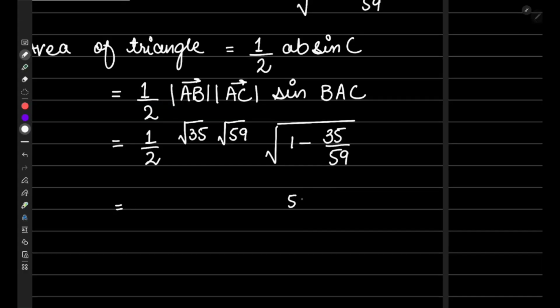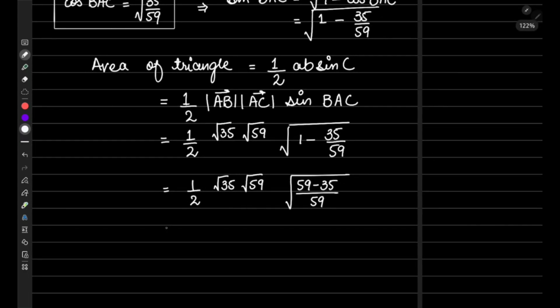This becomes 59 minus 35 over 59. Then root 59 will be cancelled. 59 minus 35 is 24.